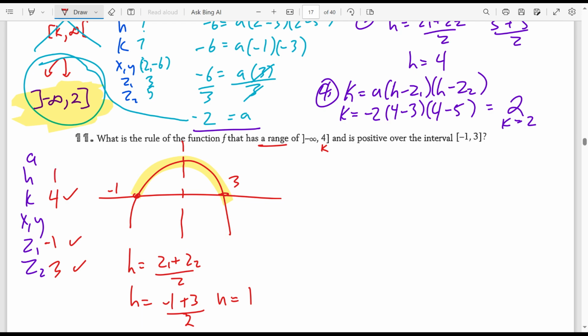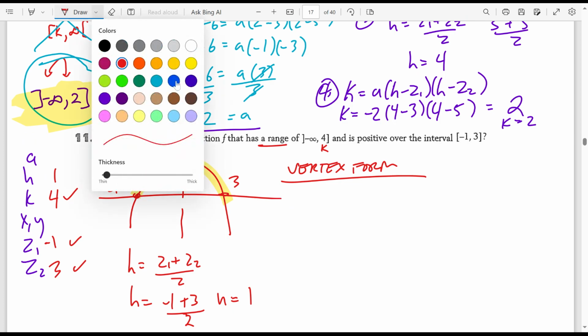And again, if I have a choice now between solving in vertex form and factored form, we are going to work in vertex form. The only thing that's tough now is, well, I have hk. What's the point I'm going to use?